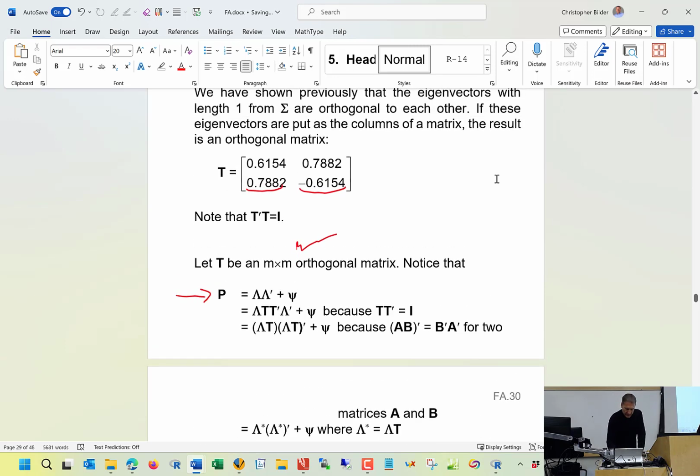Remember what psi is? It's a diagonal matrix where I have psi 1, psi 2, down to psi p on the diagonal. These are the specific variances, the variances of the specific factors.